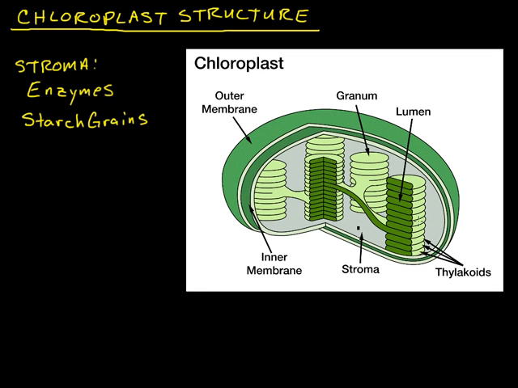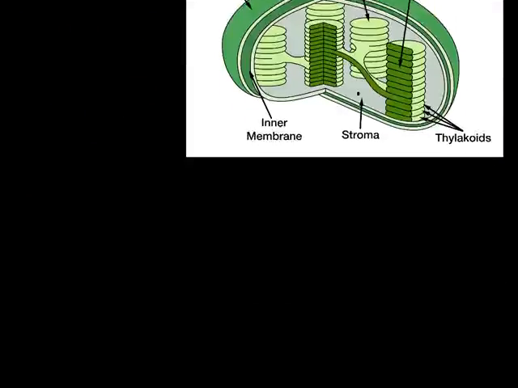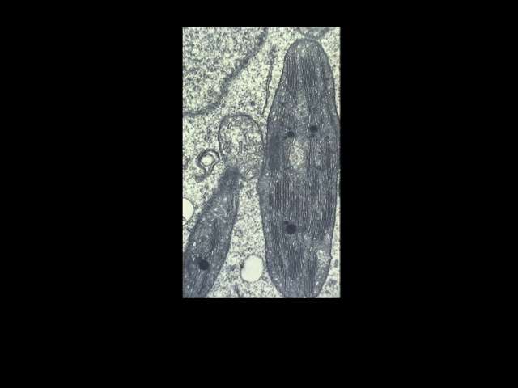And if we look at a photograph from an actual microscopic view of a chloroplast, such as these two chloroplasts here, we see these dark regions, dark little spheres in the chloroplast, and these are starch grains.